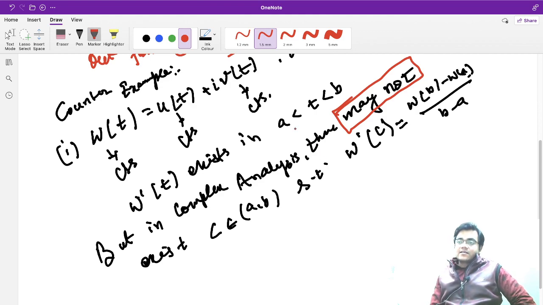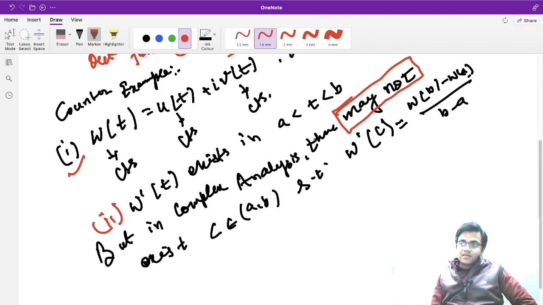In real analysis, if these two conditions are satisfied, then certainly there must exist a c between a and b such that this is going to happen, which is called the mean value theorem. But in complex analysis, this facility may not be available.